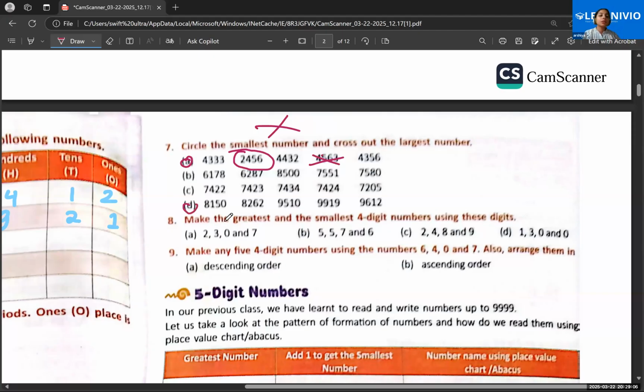Part D. Can you do D as well? 9,990. Biggest or smallest? Biggest. Okay, cut that number. Now the smallest one, what is the smallest? 8,150. Correct.